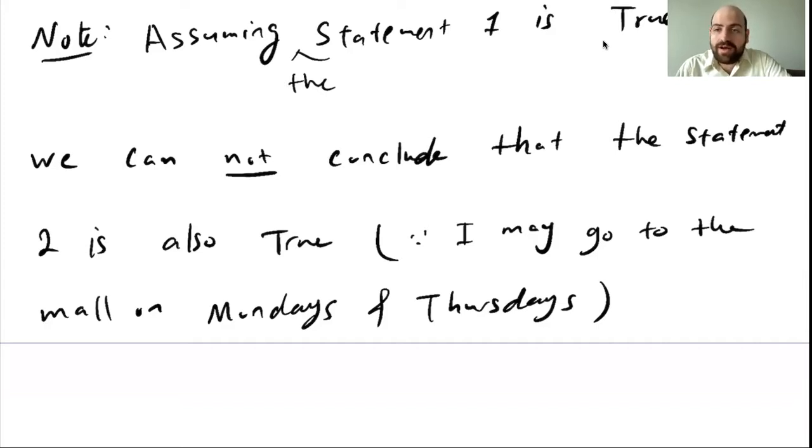It may be true, may not be true. So in the situation where I only have enough free time to go to the mall on Mondays only, in that case, the converse will be true. But in the situation where I have free time on Mondays and Thursdays, in that case, the converse will not be true. So if a statement is true, the converse may or may not be true. Depends on the example, depends on the case.